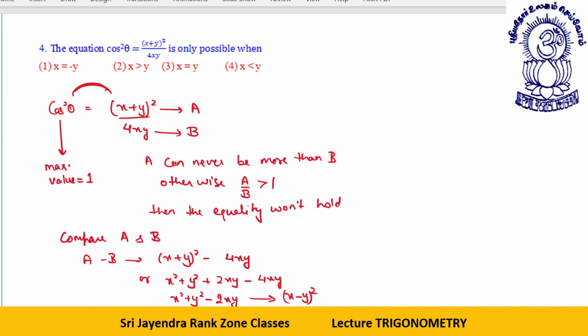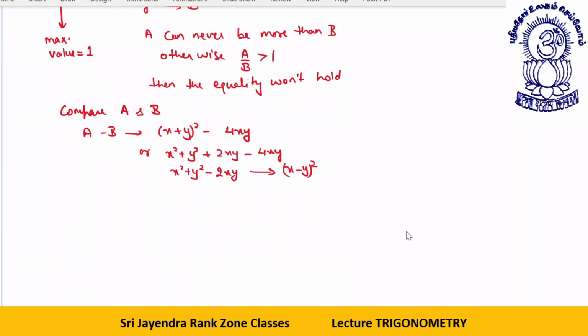Okay, dear friends. Now A minus B is (x minus y) whole square.